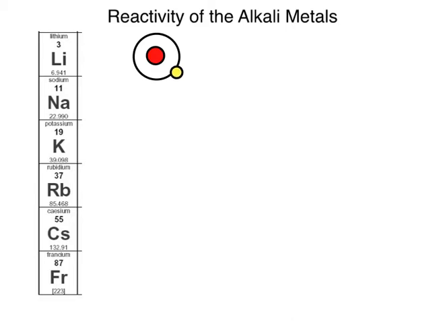Okay, now that electron has an attraction to that nucleus. Now that attraction is there, but also this electron wants to leave. Okay, so it wants to leave to form a lithium ion, which would be a lithium plus ion.